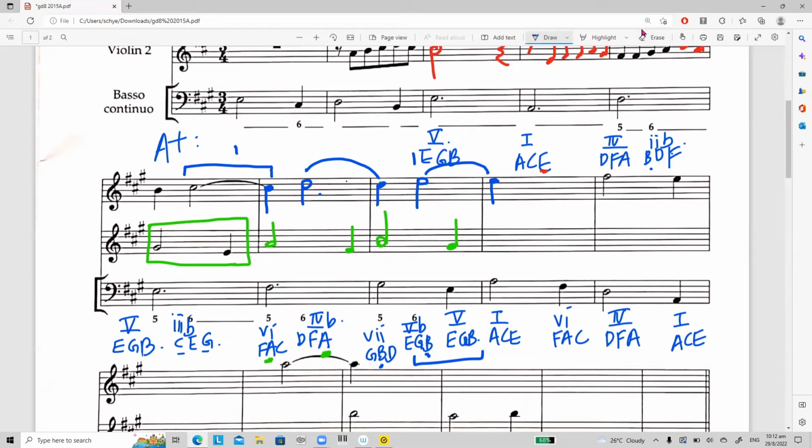So after E, there's no F, so it cannot go up anymore. Just now we went up and up, but now it cannot go up. There's no F, so in that case, I will choose A. And this A can be shared by these two chords, so this A can last for two counts.